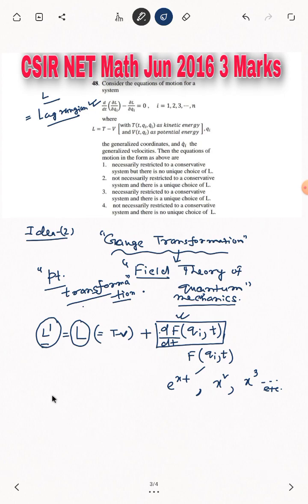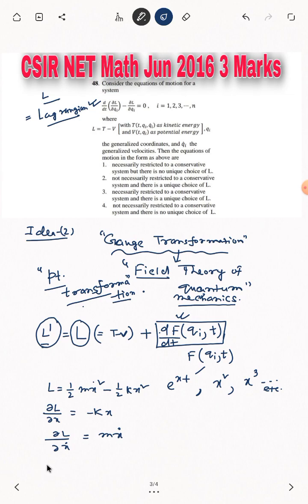Say we have in a spring mass system L equal to half m x dot square minus half k x square. So what will be our del L by del x? That should be minus kx. What will be our del L by del x dot? That should be m x dot.